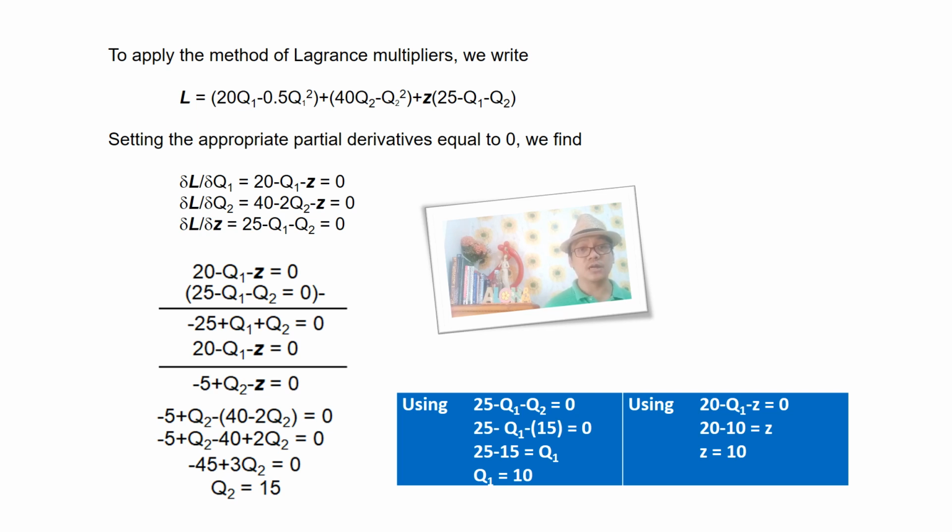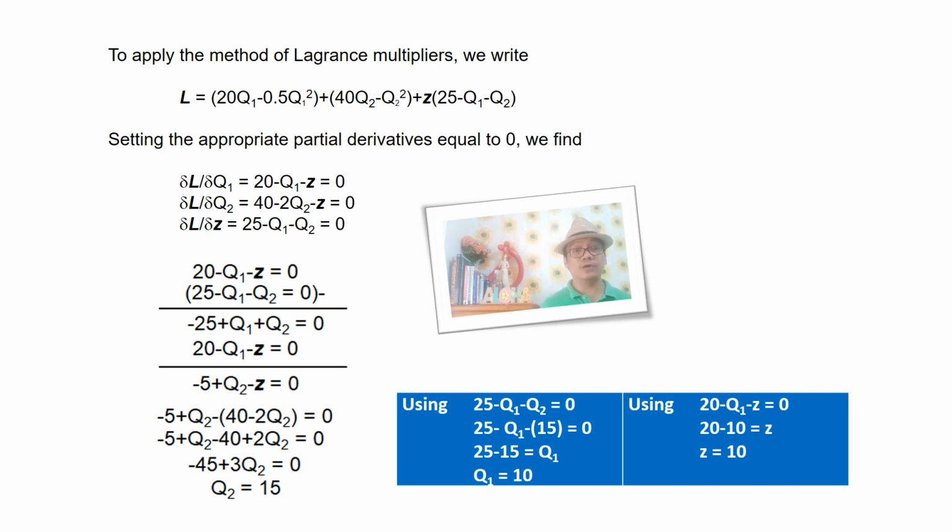In addition, note that z equals 20 minus q1, which is also equal to 40 minus 2 q2, or z is the marginal profit for q1 and the marginal profit for q2. In other words, the multiplier z represents the common value of the marginal profit.